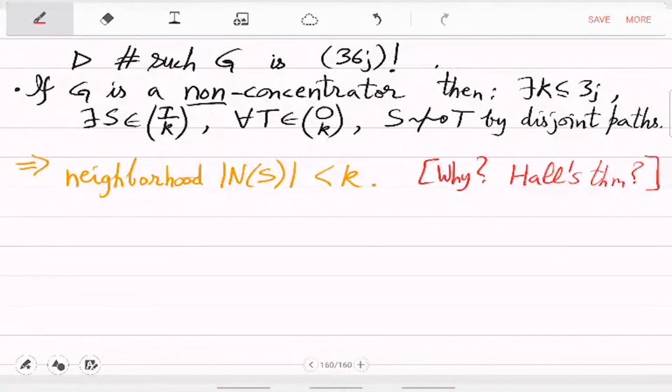Since it's happening, there is an S with small neighborhood. It may not be the same S as before, but there will be an S of some size such that the neighbors are fewer than itself. So now let us use this S.